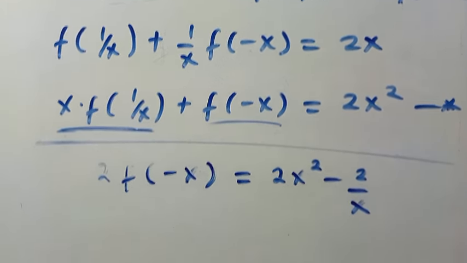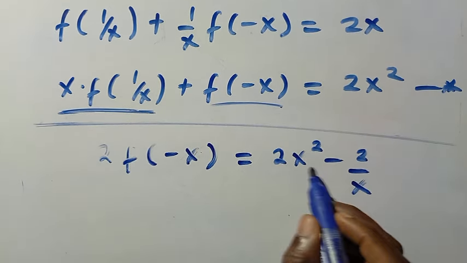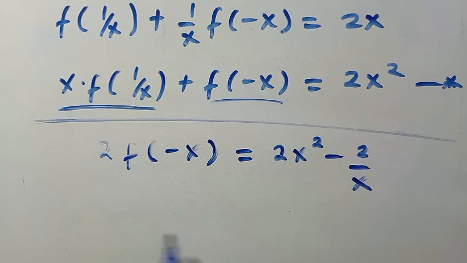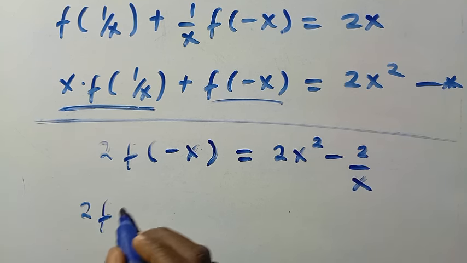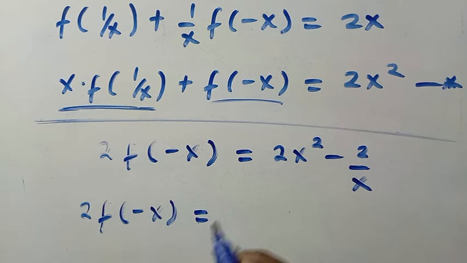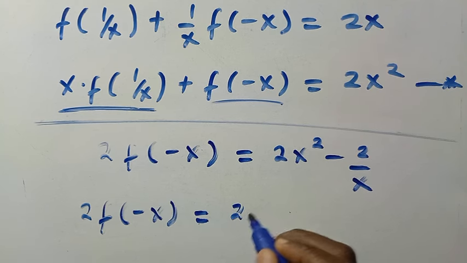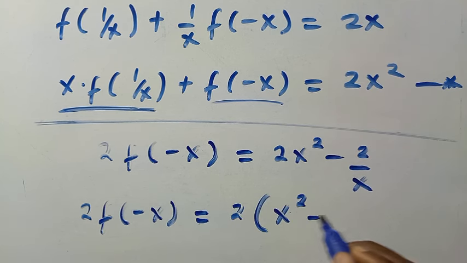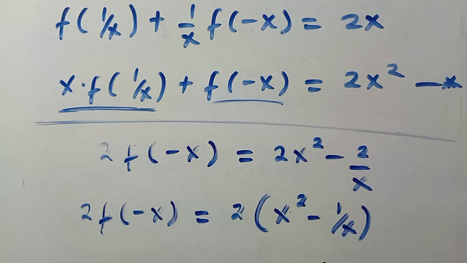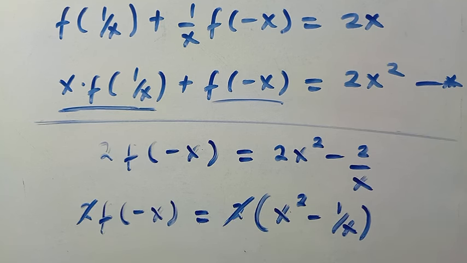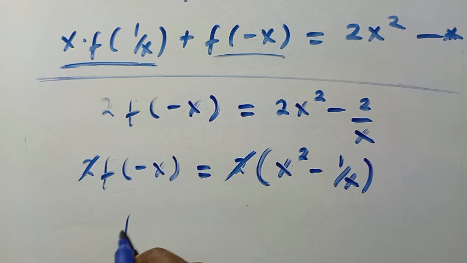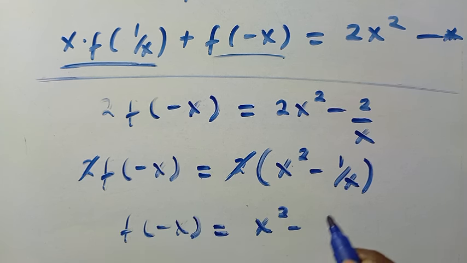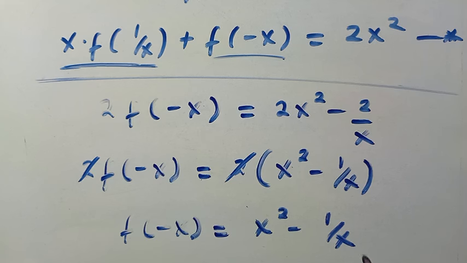From this side, let's take out 2: 2f(-x) equals 2 into bracket of x squared minus 1 over x. Cancelling the 2s, f(-x) is x squared minus 1 over x.